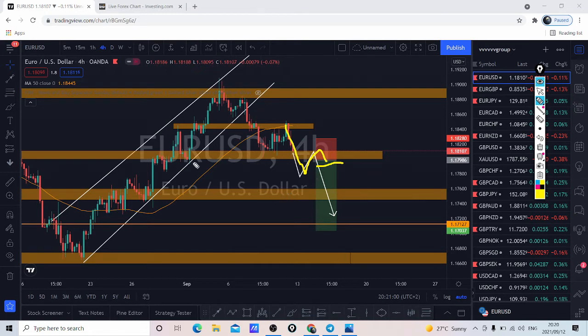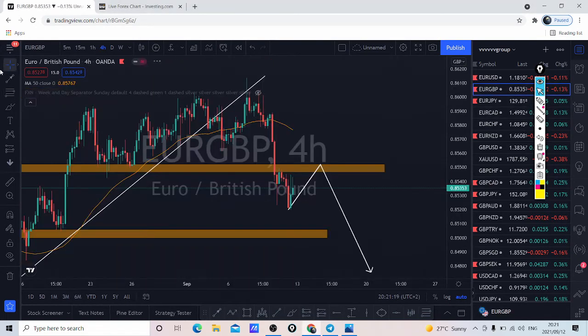So this is going to be a beautiful trade. Here we've got a head and shoulders pattern: this is a left shoulder, and then the head, and then a right shoulder, and then we are going to look for lower lows and lower highs. So that's it on Euro USD.